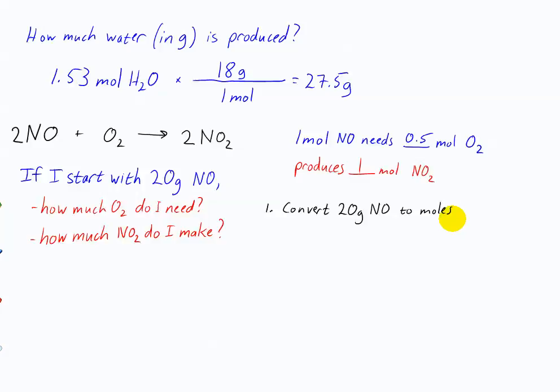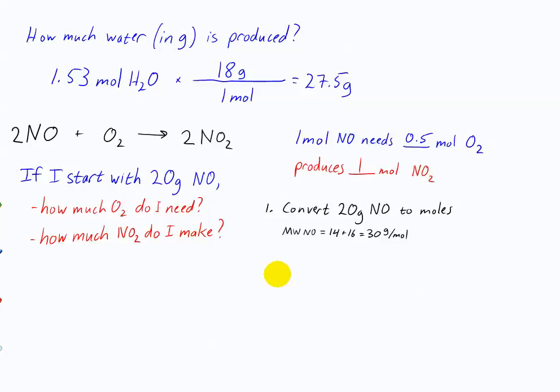All right, let's go over this. So we're going to use the same procedure that we did earlier. We say, first of all, the molar mass, or the molecular weight of NO, is going to be nitrogen, which is 14, plus oxygen, which is 16. And that's 30 grams per mole. So each mole of NO has 30 grams.